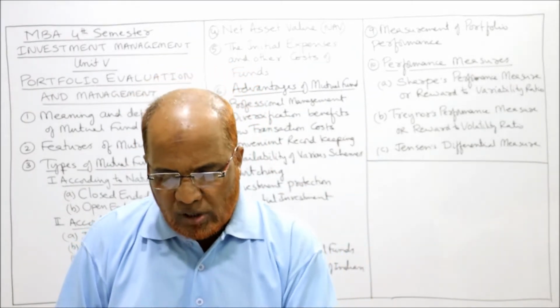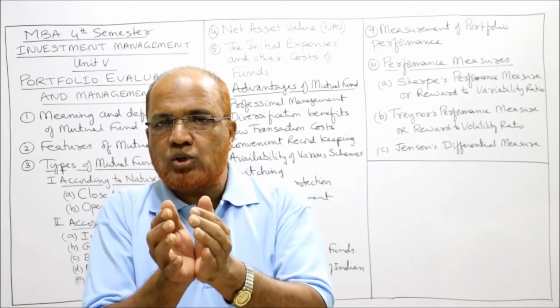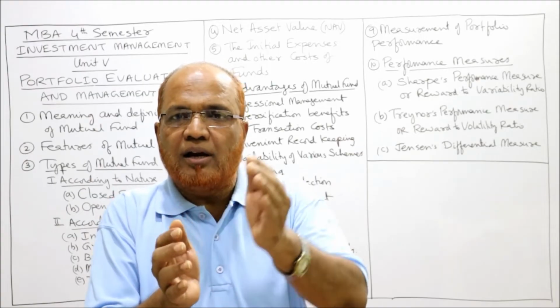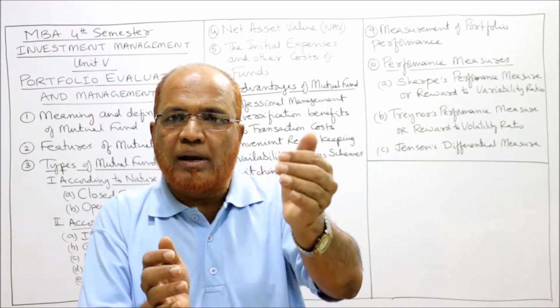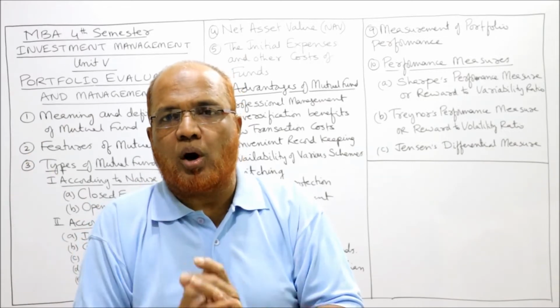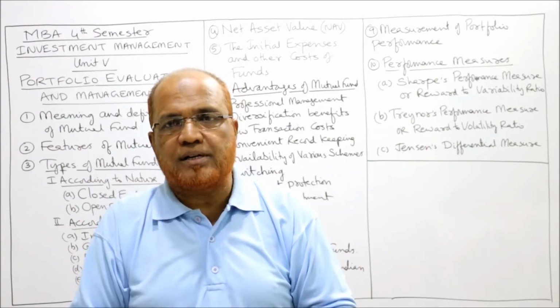So we can say a mutual fund or a unit trust is a financial intermediary. Actually a mutual fund intermediary hai. What is the function of this intermediary? To collect the money, to mobilize the money from small savers and divert these savings to corporate sector for the economic development, for the growth of corporate sector.